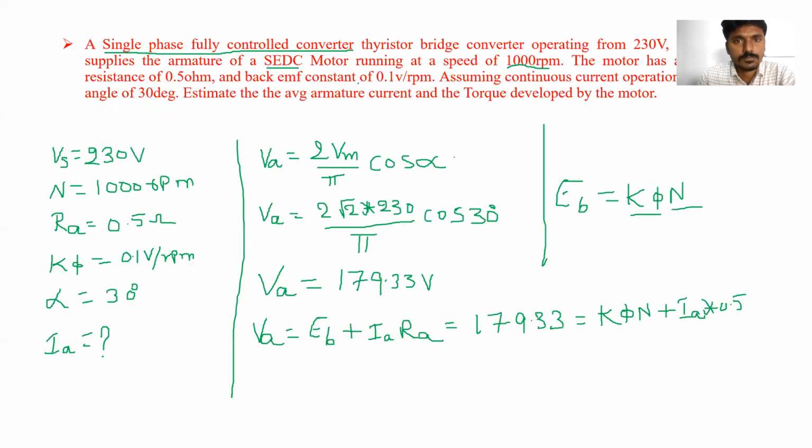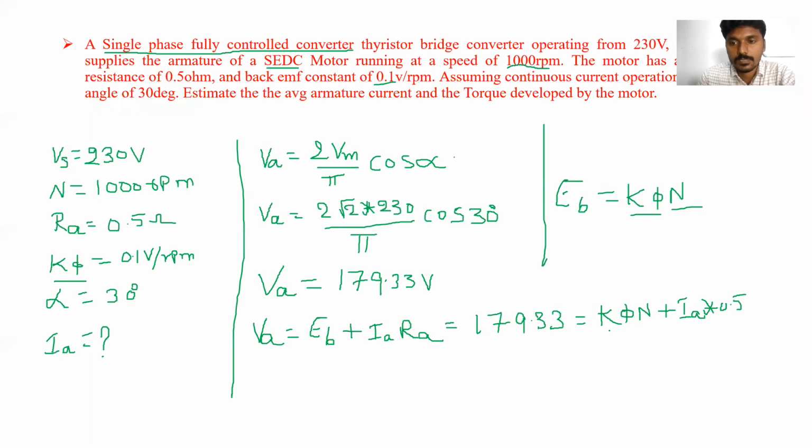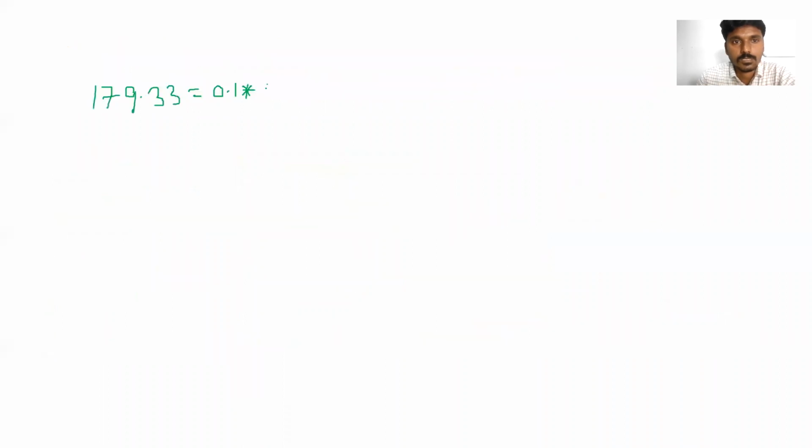K phi, how much was given? 0.1. So 0.1 into N, right? Yes, sir. Okay, what is the value of N? 1000.